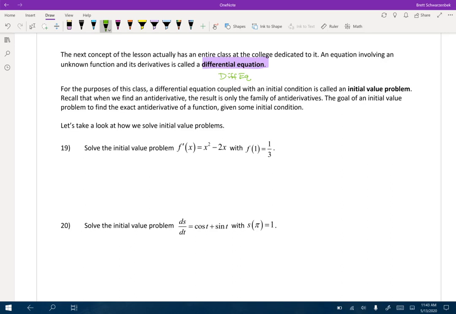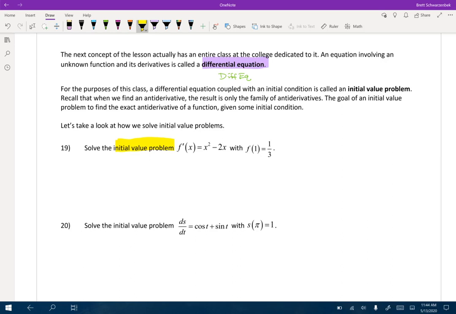But we're just doing a brief introduction to it using a very interesting problem called an initial value problem. And what are these initial value problems? They have both the differential equation, which is just a derivative basically, and then they have some initial condition.